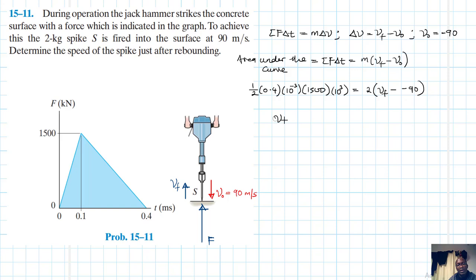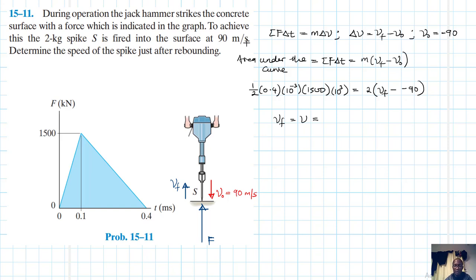And therefore our v, which is up like so, is equal to v final.